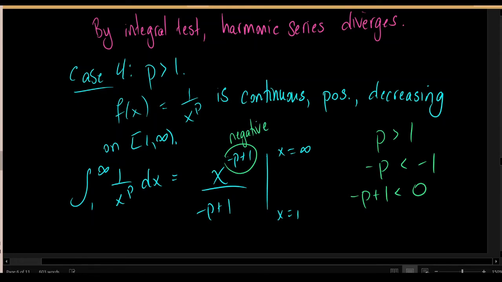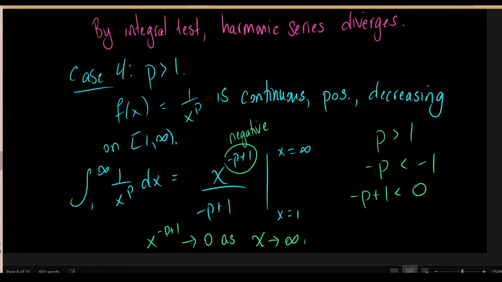Because we're taking x and raising it to a negative power, this quantity is getting closer and closer to 0 as x approaches positive infinity. So as a result of that, finally we have obtained a case where the integral converges, and therefore the series must converge by the integral test.